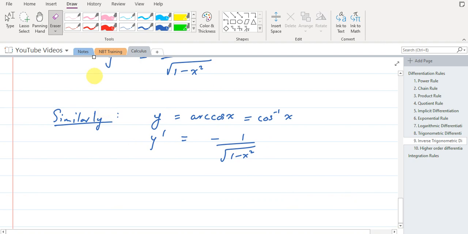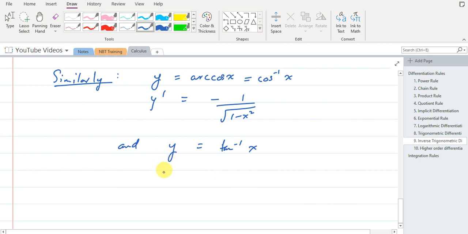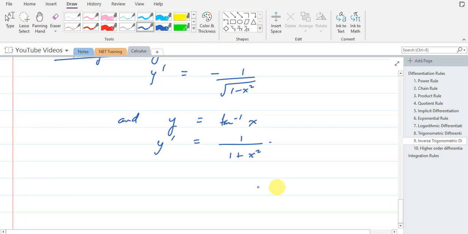And similarly for arctan, if y is equal to tan inverse x or arctan x, you should get y prime is equal to 1 over 1 plus x squared. That's it. Let me do a difficult one, which is arc cot.